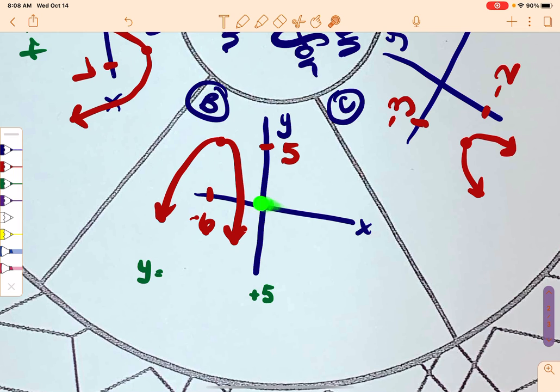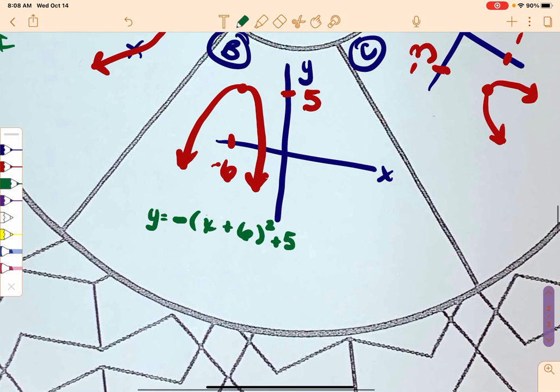Now, because there's a shift on the x as well, I have an x inside the parentheses with a squared on the outside. Now remember, it's always opposite. So if this goes to negative 6, inside of here I think of opposite. So it should be positive 6. And it opens down, so I'm going to put a negative out there. So it could be this. Or it could be this. Either one of those would be okay.